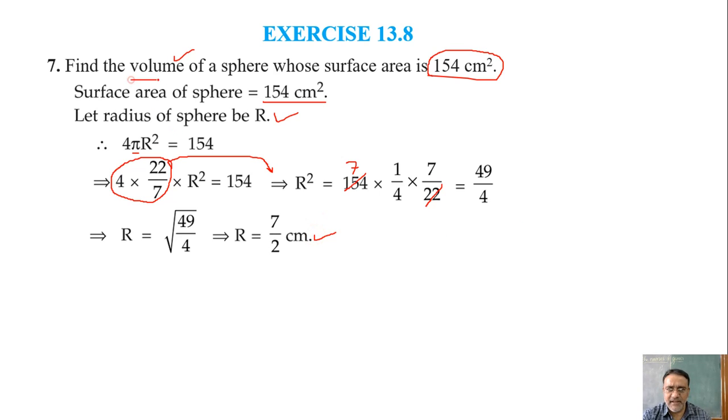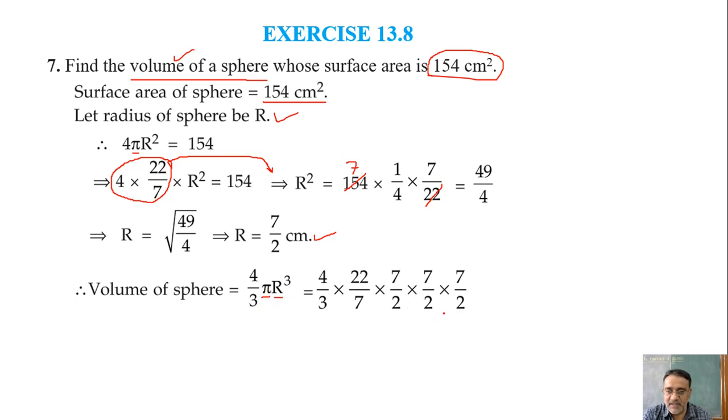Now we are going to find the volume of sphere. What is the formula of volume of sphere? 4 by 3 pi r cube. Good. Now we'll substitute the value of pi and r. Pi is 22 by 7, r is 7 by 2. We'll cancel 7 and 4 with 2 2, and this 22 also we can cancel with this 2. So we are getting 11.